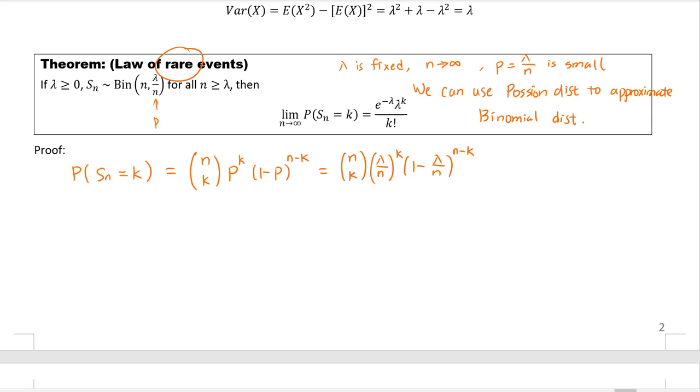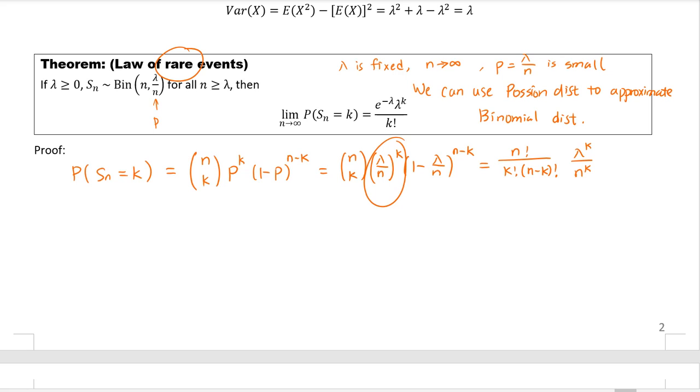What is n choose k? This is a combination, so it is n factorial over k factorial times n minus k factorial. Then I'm going to split this, so this is lambda to the k over n to the k.